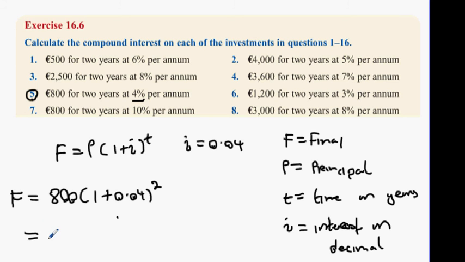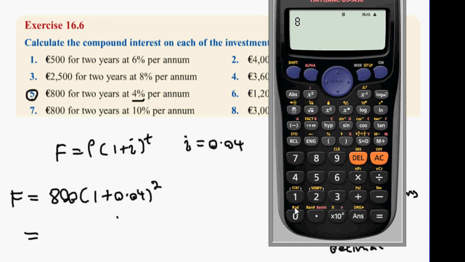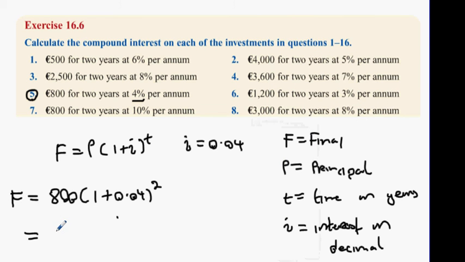You put this into your formula and you're going to get 800 multiplied by 1 plus 0.04 to the power of 2. The answer, 865.28.